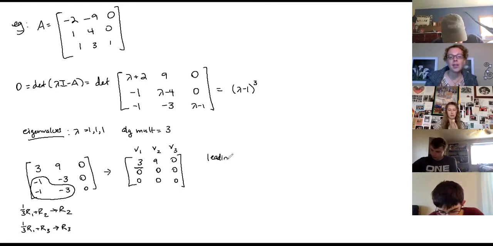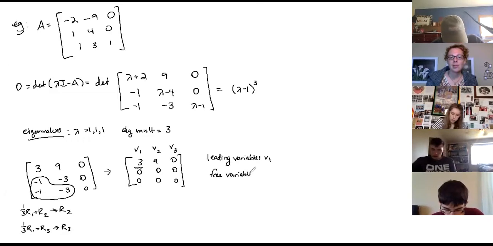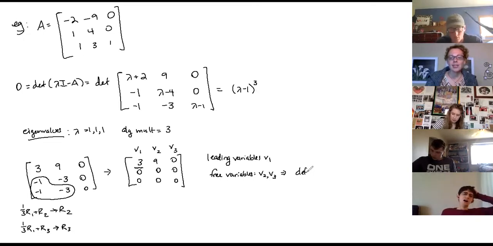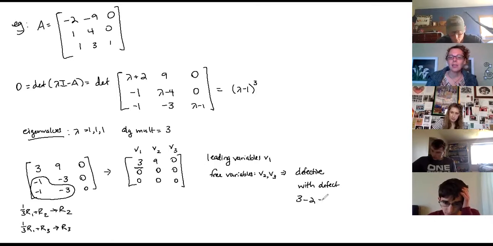Therefore, my leading variable in this case is V1, and my free variables are V2 and V3. So leading variable is V1, free variables are V2 and V3, and therefore this is an eigenvalue that is defective, with defect 3 minus 2 equals 1.